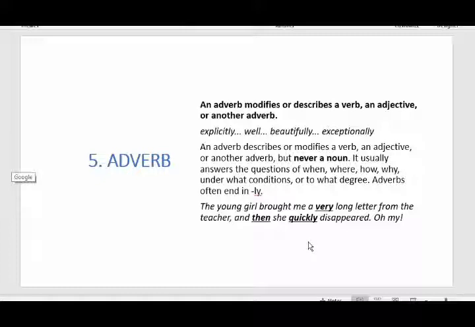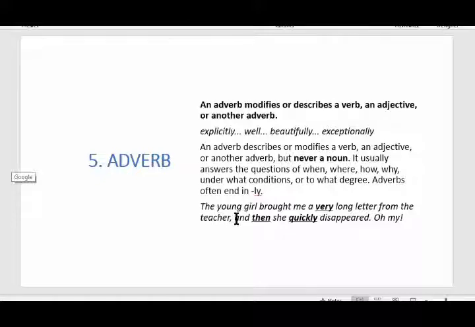The young girl brought me a very long letter. In this case, the word very is describing the adjective. As mentioned here, an adverb modifies or describes a verb, an adjective, or another adverb. So here it is describing an adjective.